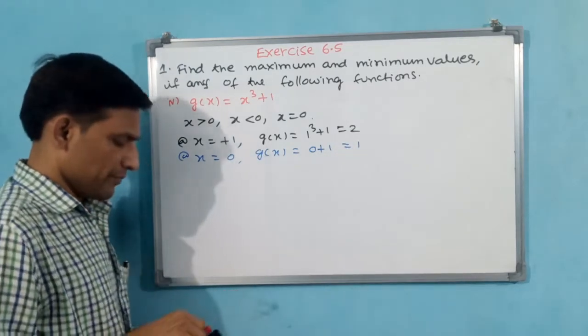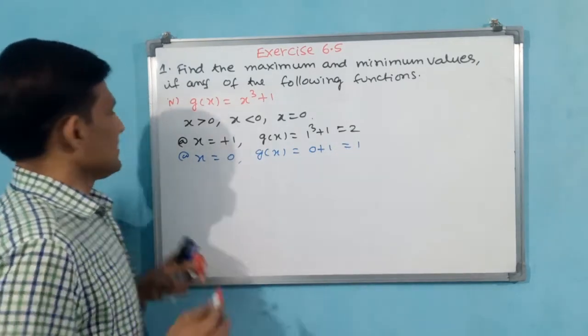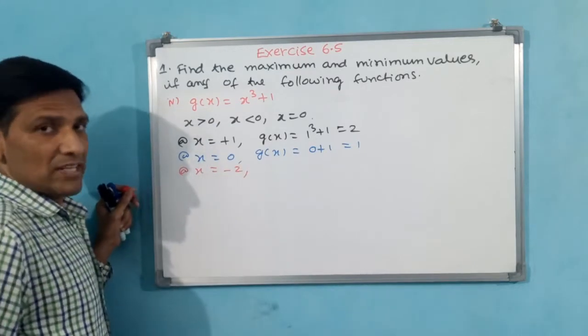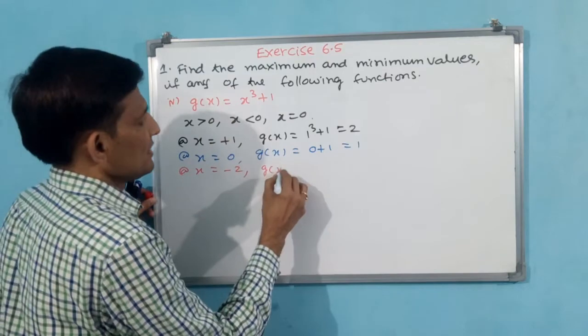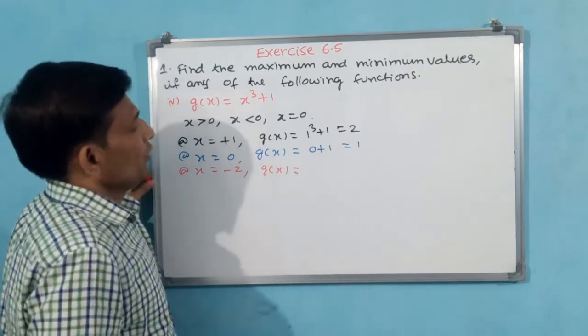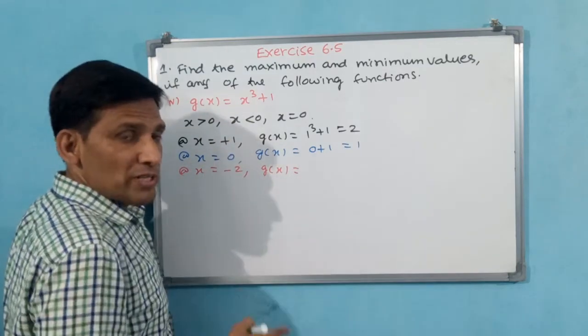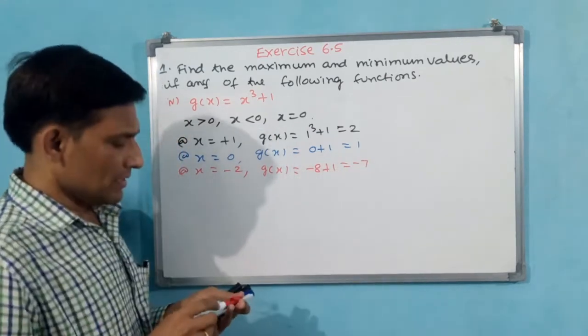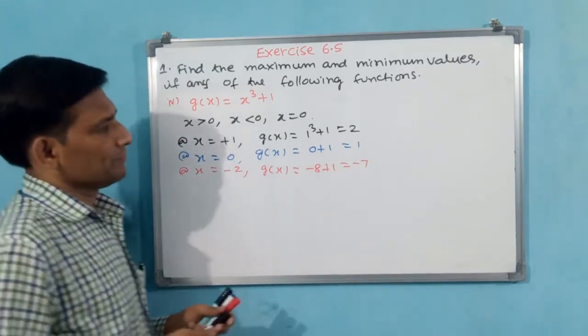Now go back for the negative side. At x is equal to minus 2, g of x is equal to minus 8 plus 1, that is equal to minus 7. Now you draw the graph.